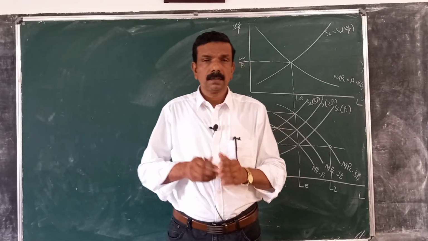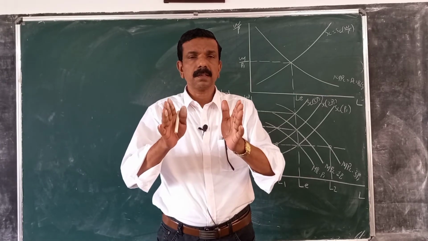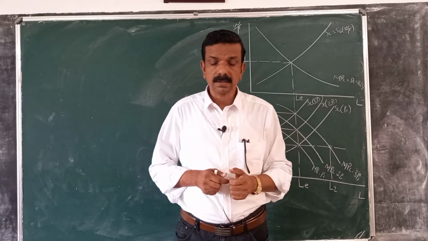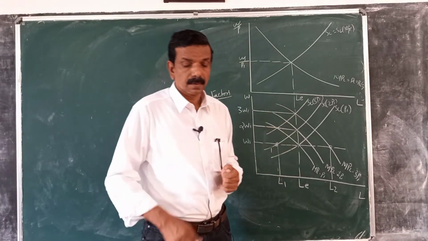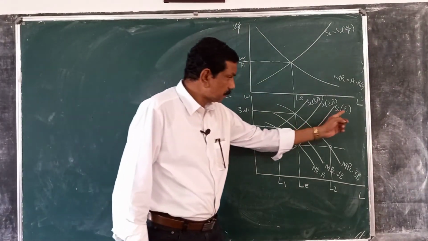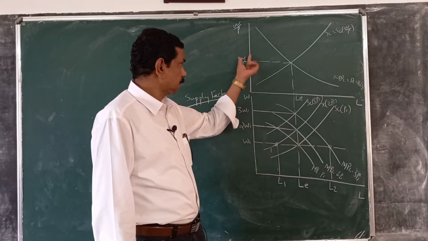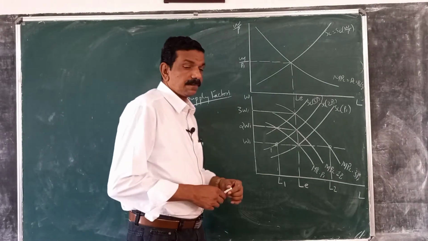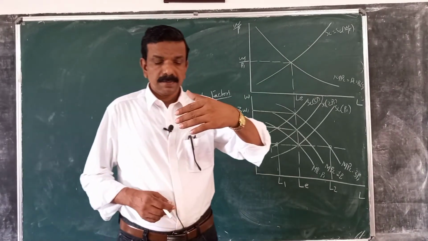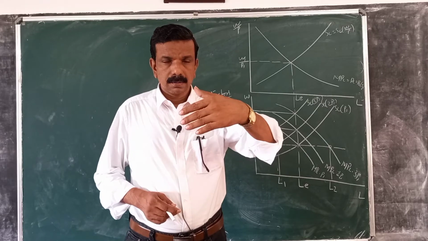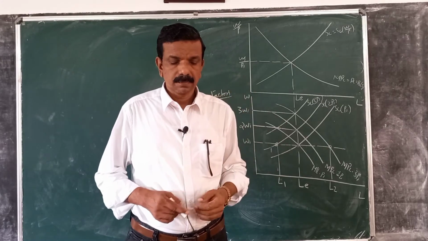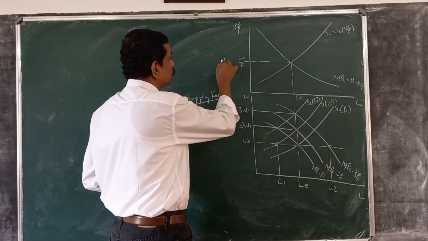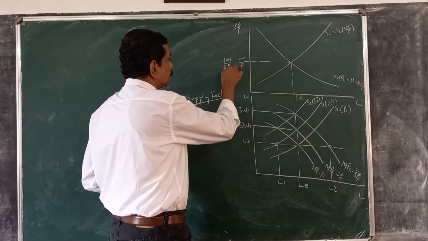Now, that an individual worker is interested only in the real wage results from the fact that at W1 and P1, the real wage is W1 by P1. And if the price is 2P1, then we have the real wage 2W1 by 2P1.